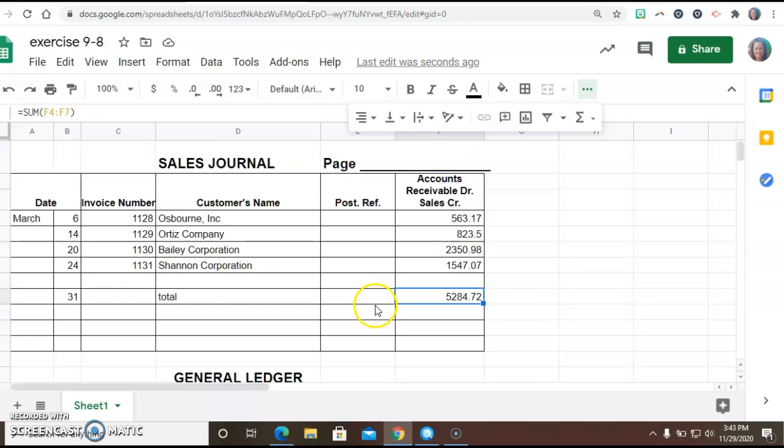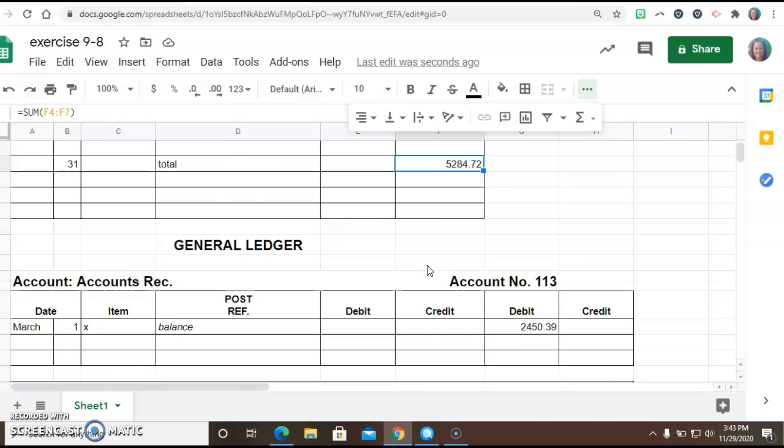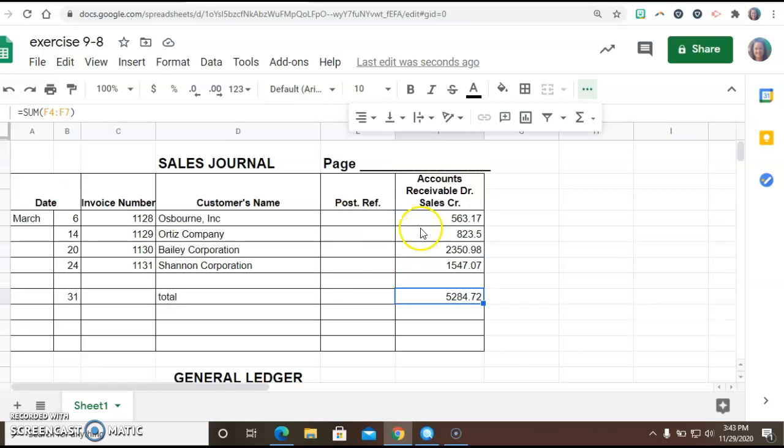So if you look at this, notice we have an accounts receivable debit and we have a sales credit. So instead of posting each one of these separately into accounts receivable 4 different times, we are just going to go ahead and grab this total, and then we're going to come down here. Typically on a test, these 2 documents would be separate pages. I put them together just because that's how the book had it. So accounts receivable debit.